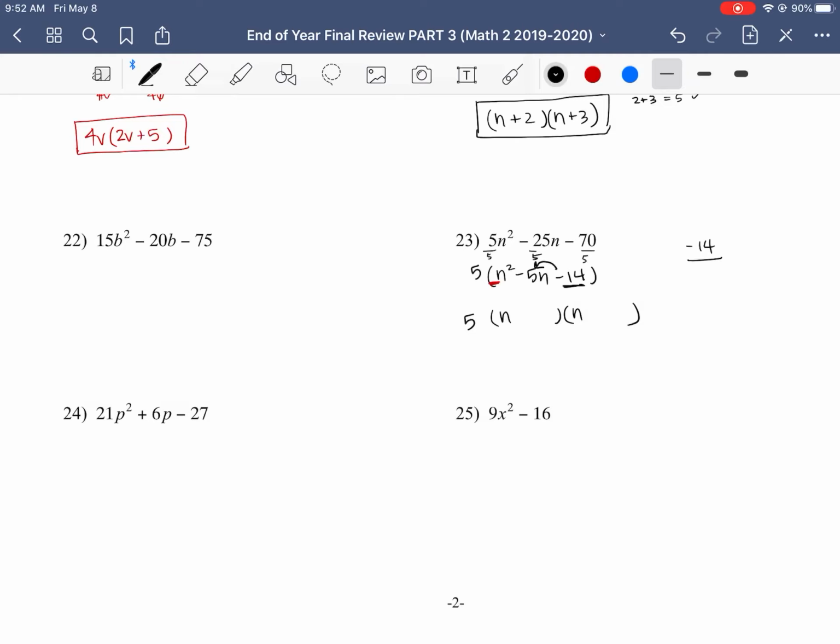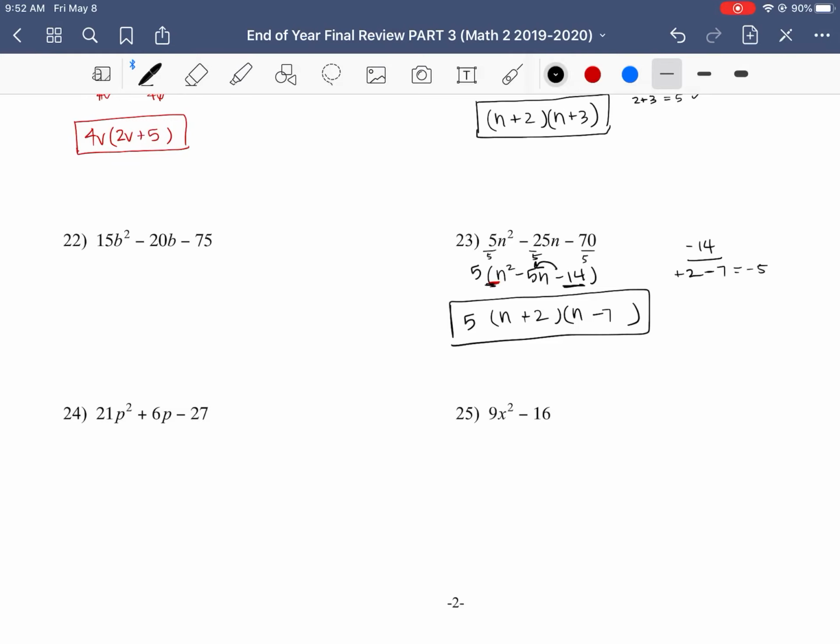Then we look at this last number, factors of negative 14, and they need to subtract to 5 or have a difference of 5. So 2 and 7, right, would be the obvious choice there. And we want it to be a negative 5, so that means the bigger number needs to be negative. That works. So I want a positive 2 and a negative 7. That's as far as we go on that one.